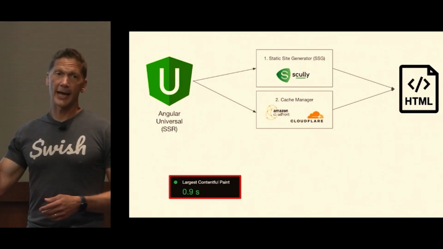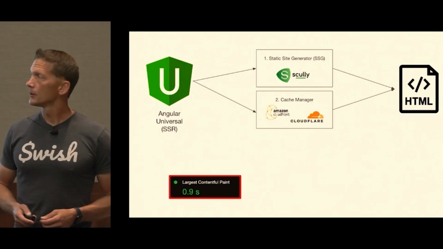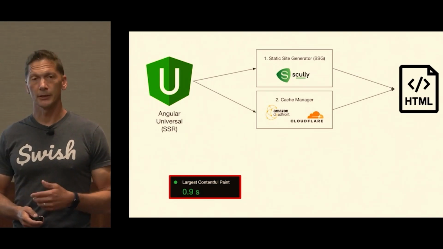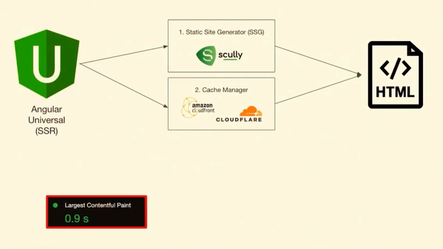It's either at build time using SSG, static site generator, where you just generate a whole bunch of HTML and then you can serve it up, or a cache manager like Cloudflare or Amazon CloudFront, where at runtime it'll use your server rendering library to generate HTML and then serve it up to users. Either way, the end user has static HTML.